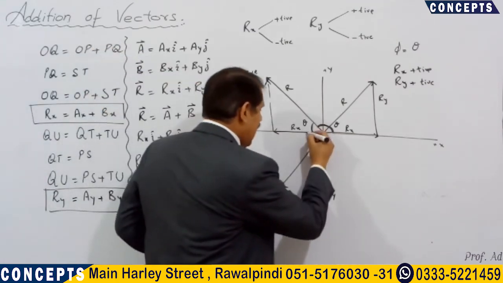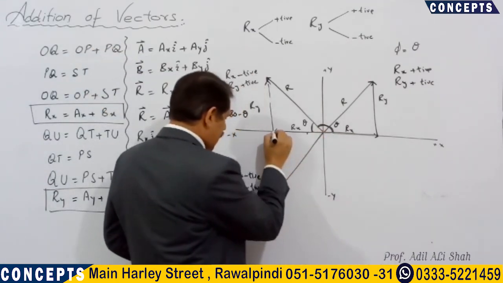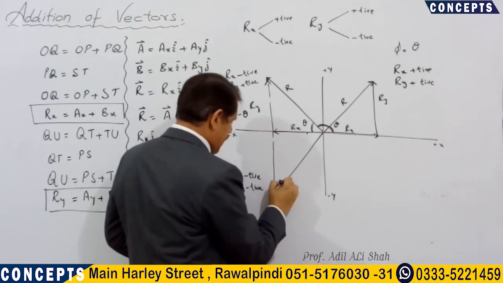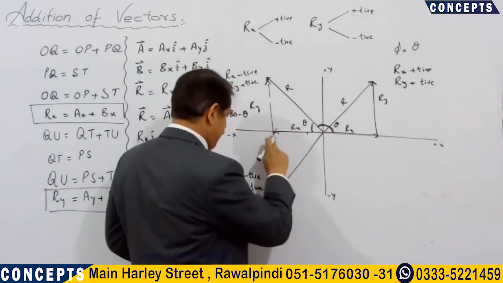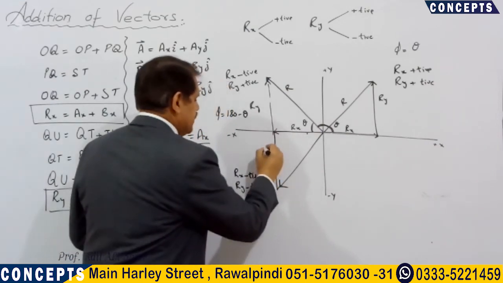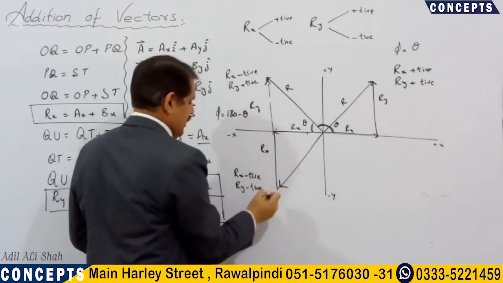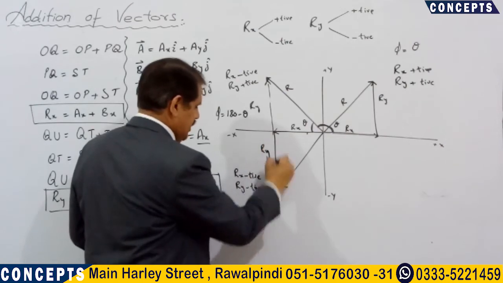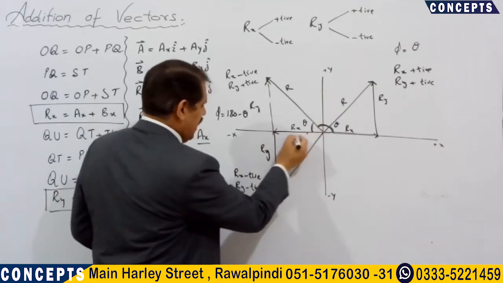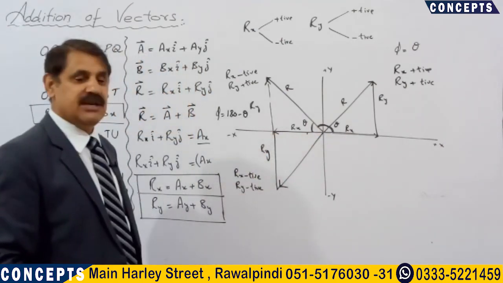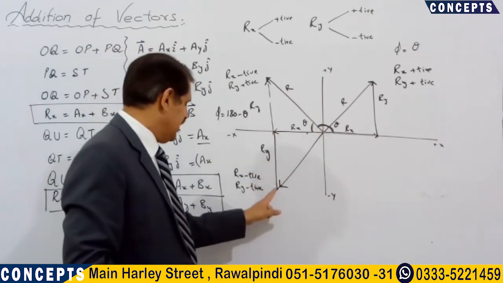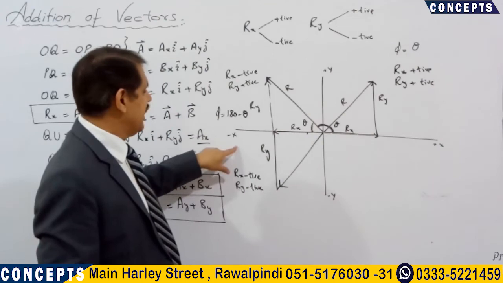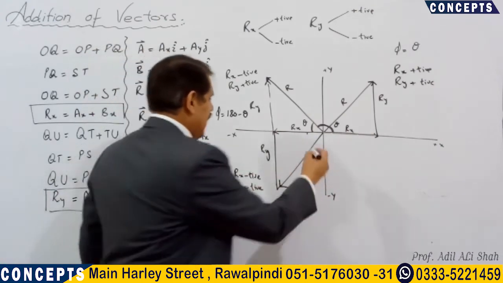If we resolve it into its components, this is Ry, which is along the negative, and this is Rx, that is also along the negative.